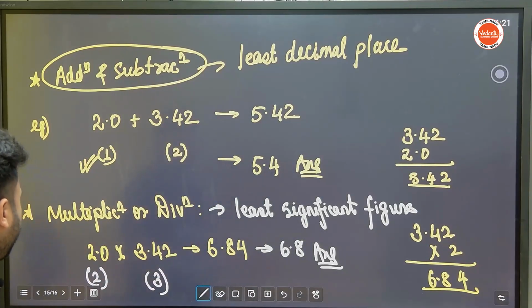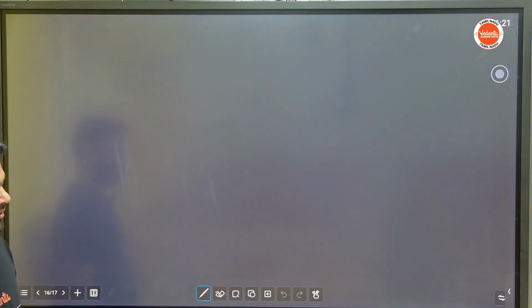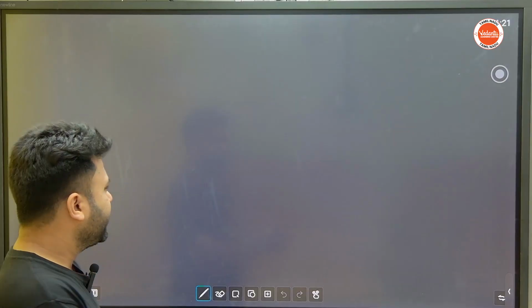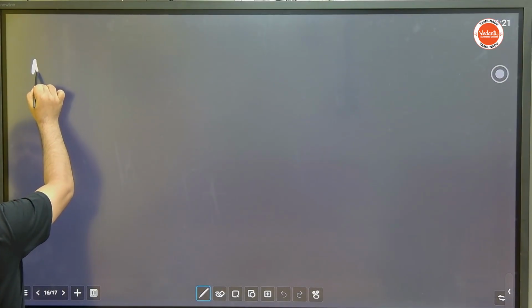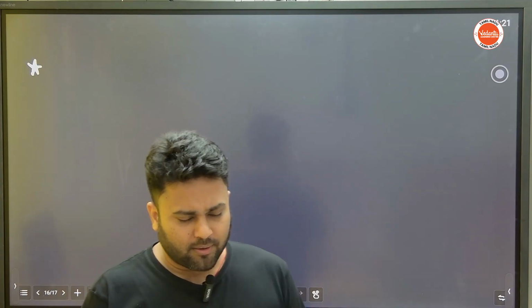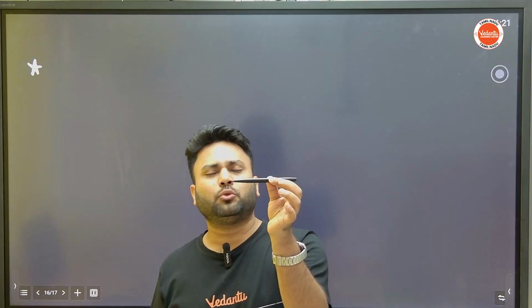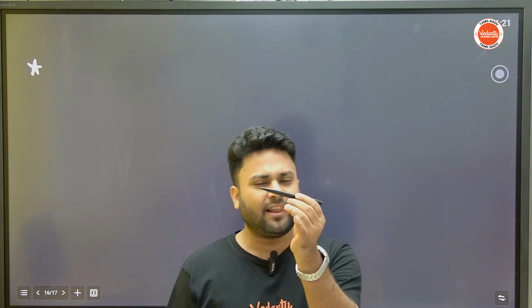Correct? Now, next is, see, like if you ask me to measure the length of this pen, what is the length of this pen?